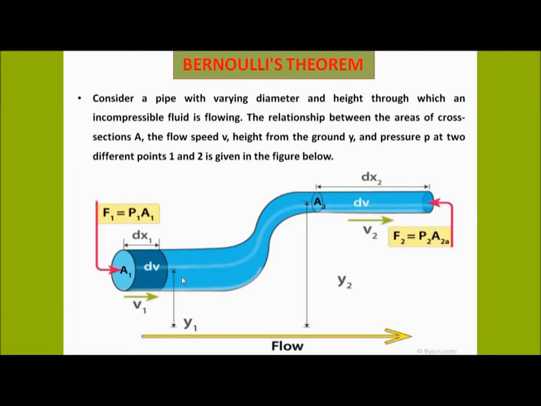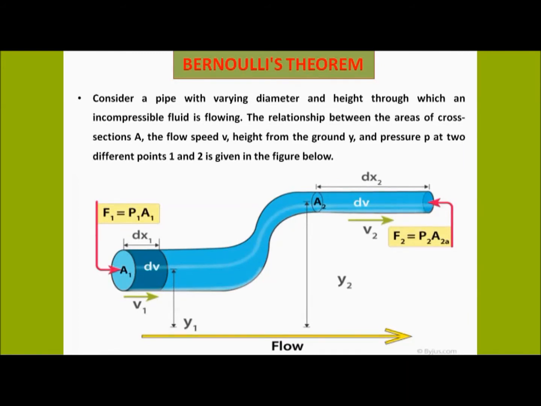The fluid is at different heights, and it is allowed to flow through this pipe. The fluid which flows through this pipe is incompressible. It doesn't get compressed while flowing.